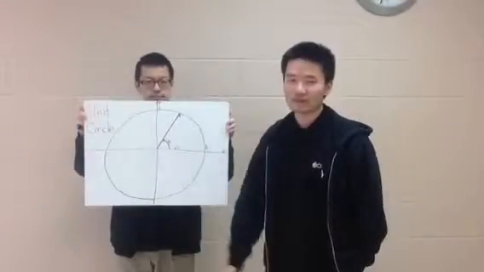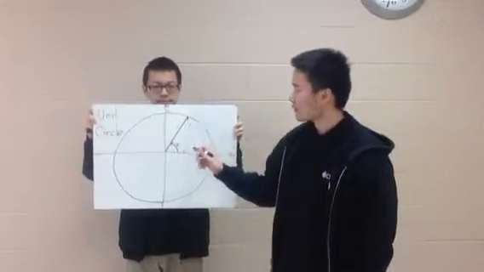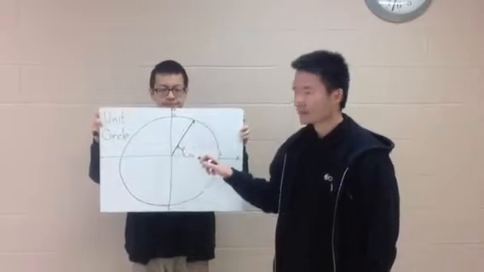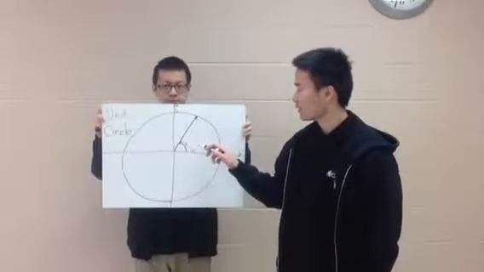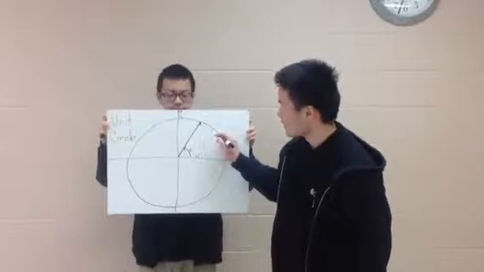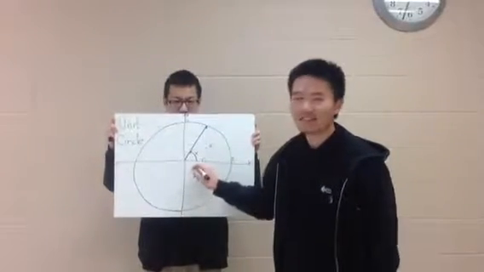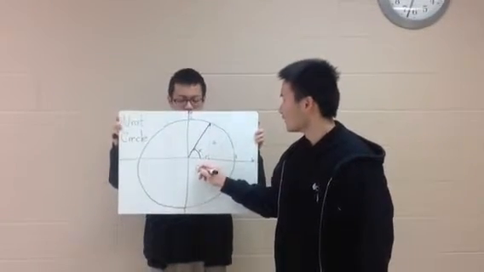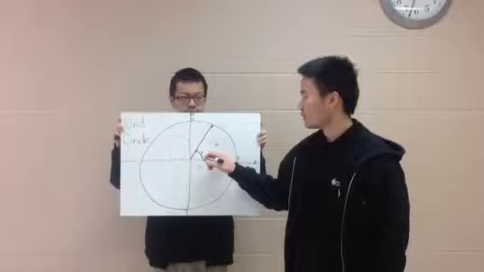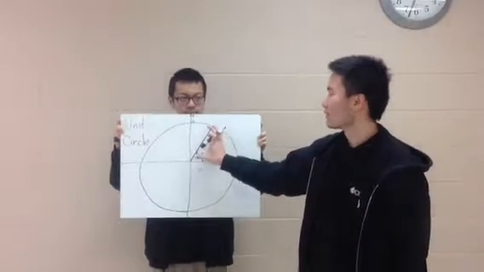This is a unit circle which has a radius of 1, and as we can see, I've already drawn a right triangle here. I call this side A, and this side is side B. The definition of sine x is this side over this side.